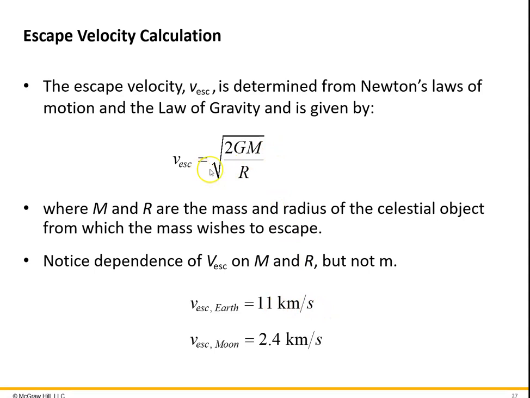Big G is what it always is, 6.67 times 10 to the minus 11th. M is in kilograms, R is in meters, and the velocity comes out in meters per second. Often we convert that to kilometers per second, because a lot of escape velocities are given in kilometers per second. Notice there's the escape velocity from the moon and the escape velocity from the Earth.